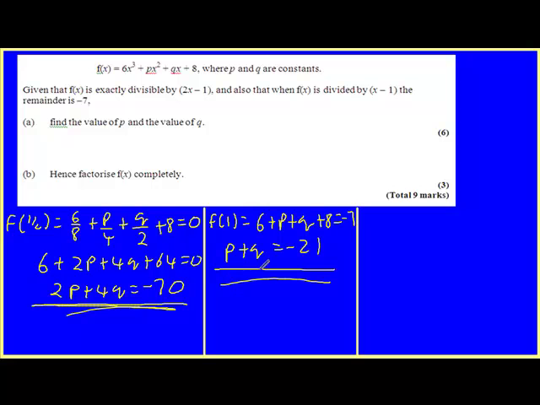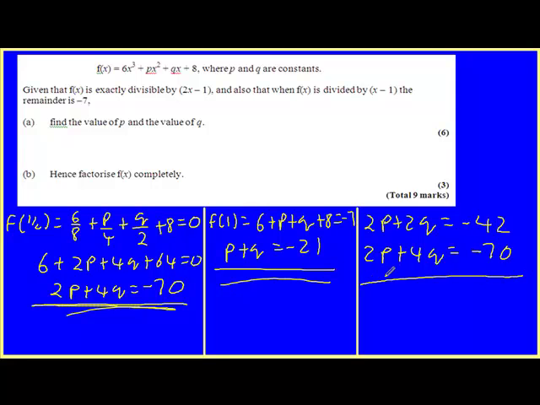If I multiply this equation by 2, I get 2p plus 2q equals negative 42. I use the first equation, which is 2p plus 4q equals negative 70. And if I take one away from the other, I'm left with 2q equals negative 28, q equals negative 14.